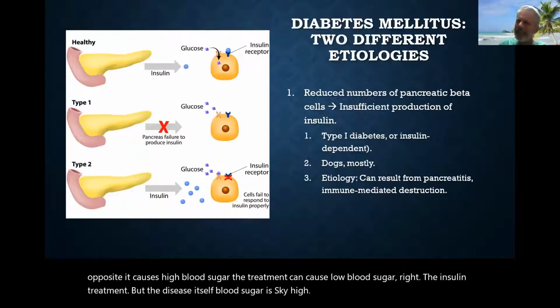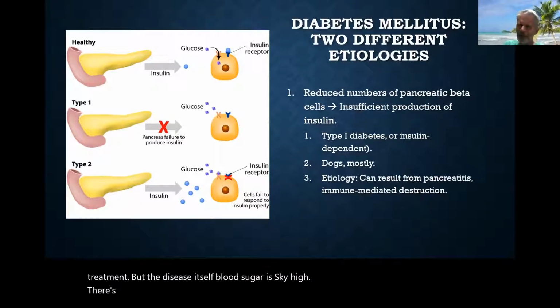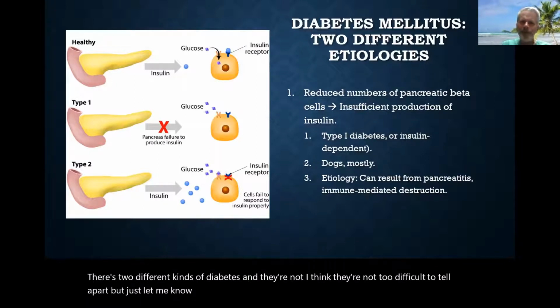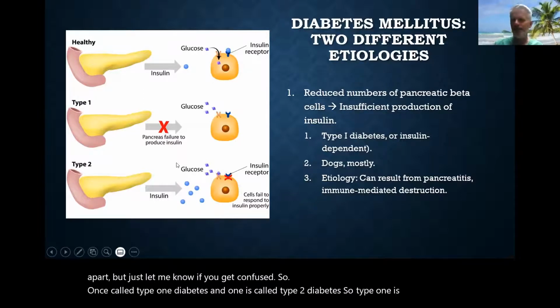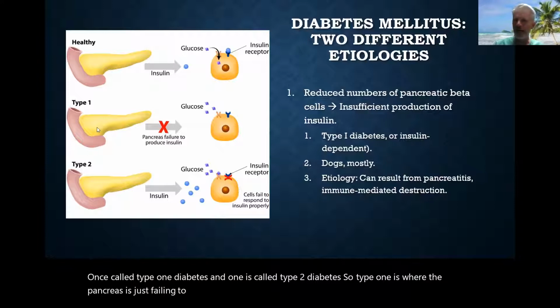There are two different kinds of diabetes, and I think they're not too difficult to tell apart, but just let me know if you get confused. One is called type 1 diabetes, and one is called type 2 diabetes. So type 1 is where the pancreas is just failing to make insulin. There's just not enough of those beta cells.